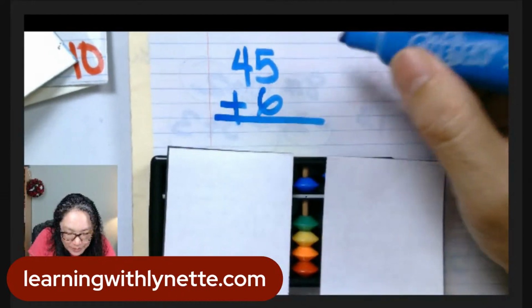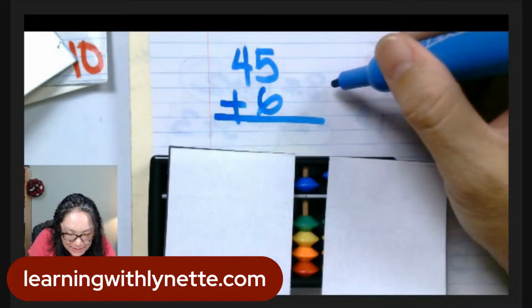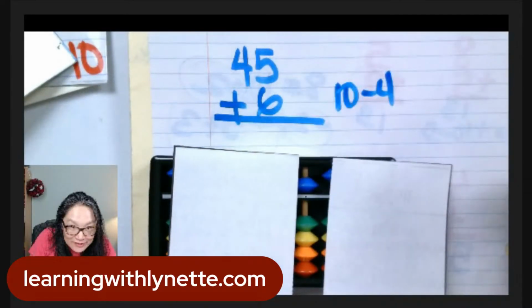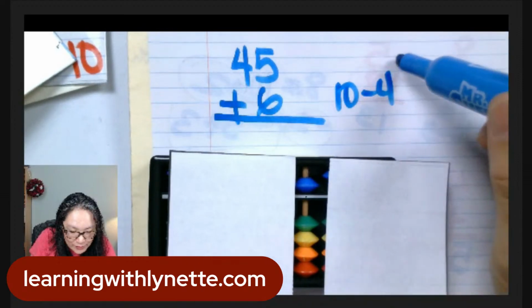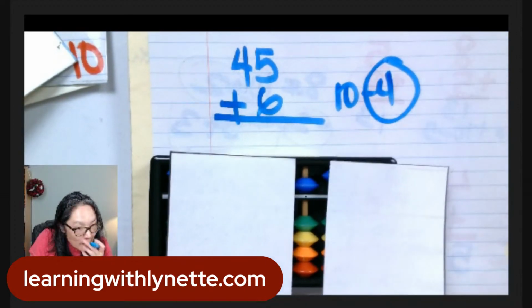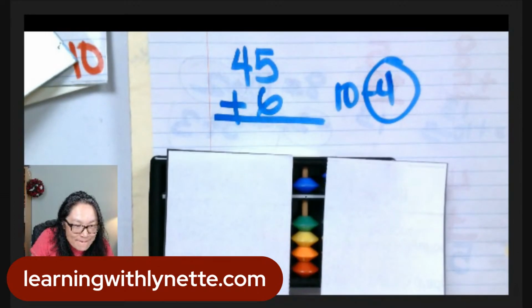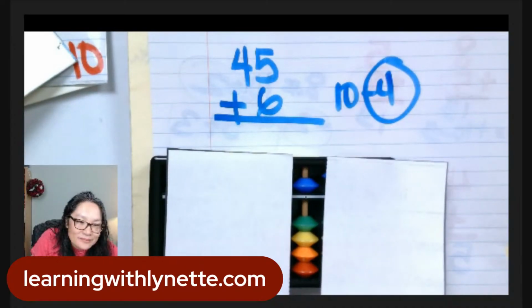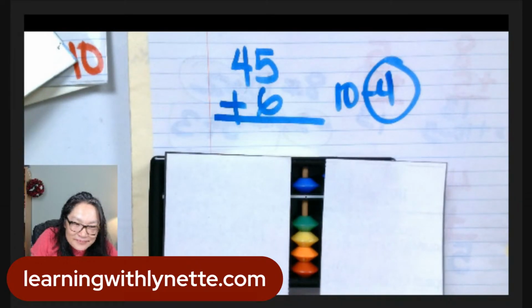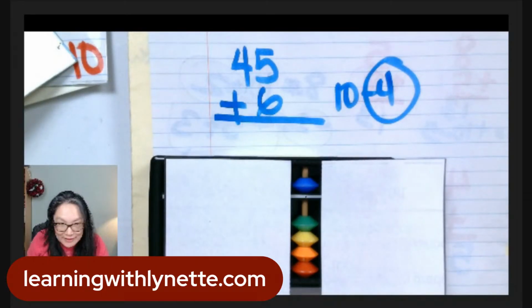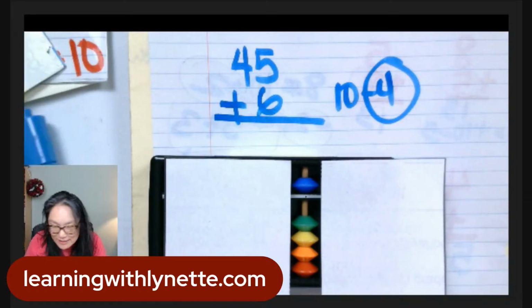So we're going to plus the 10 minus the 4. But guess what? We can't minus the 4. How do we do it? How do we minus the 4? Minus the 4 is what?